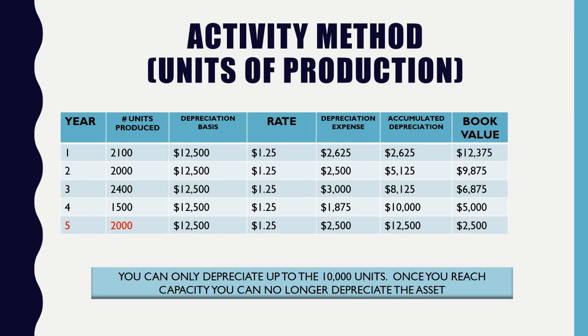So yes, you can add fixtures, you can replace parts, so it can go beyond its capacity and you can revalue it because obviously maintenance is going to cost you money, right? If you're adding new stuff, then you're adding more to the cost of the asset. And if you were to do that, then you would start back over again at the beginning with your new value and everything? Correct. Okay. Yes.